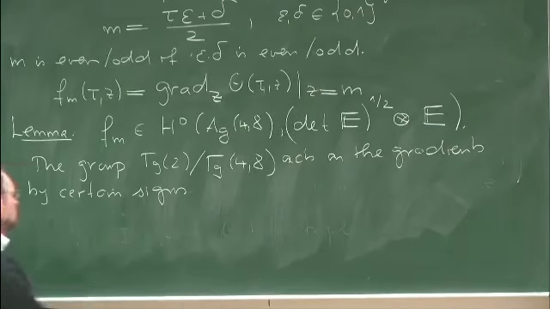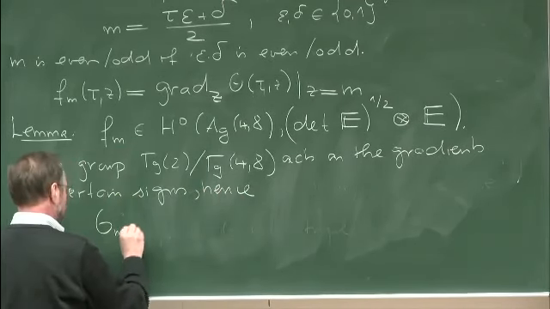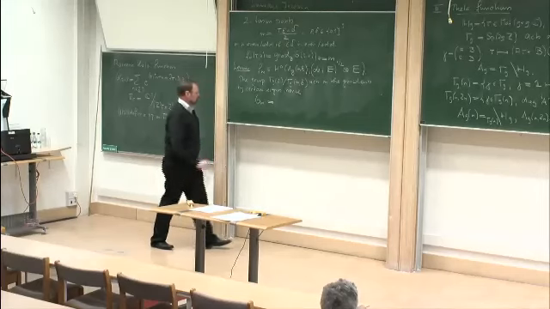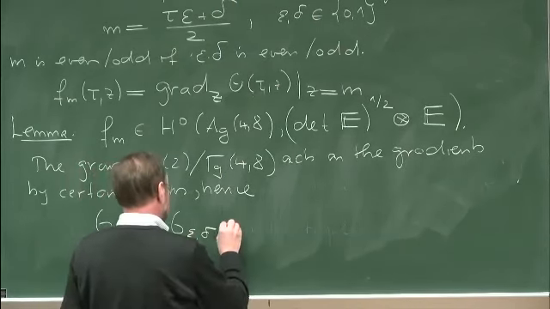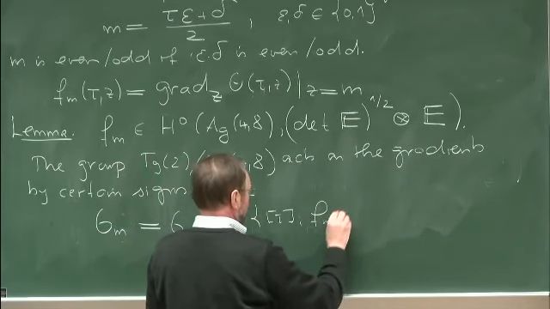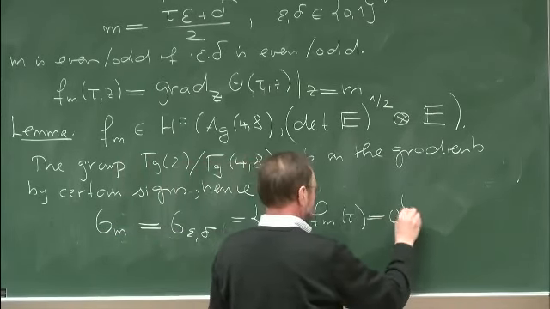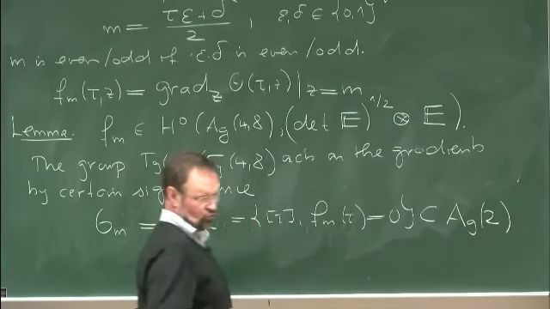And hence what I can do, I can define G_m, or G_{epsilon delta} if you prefer, as the set of all tau such that F_m(tau) is 0. I can think of that as a set in A_g(4, 8).